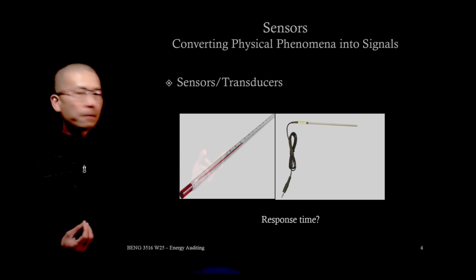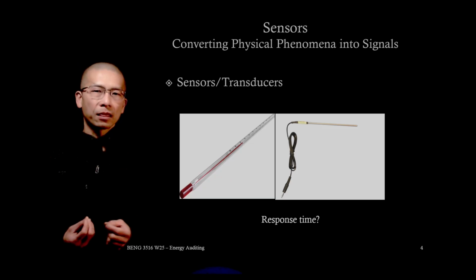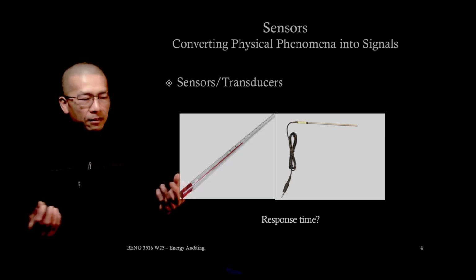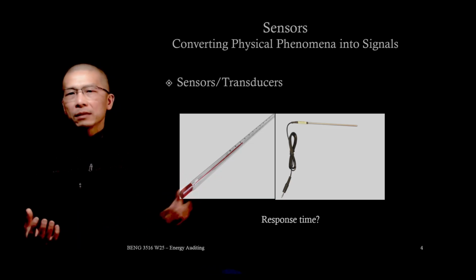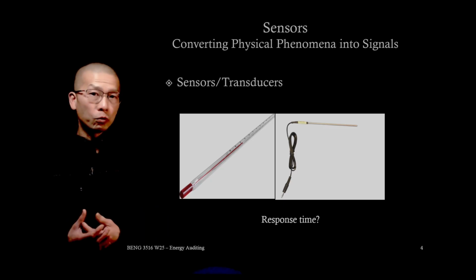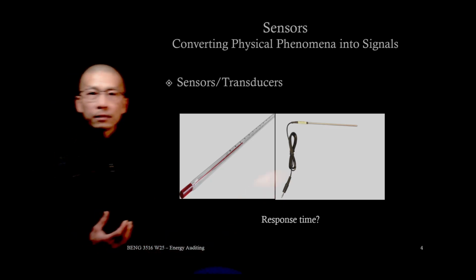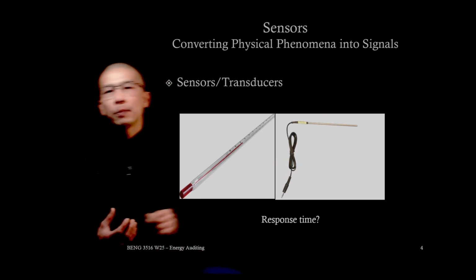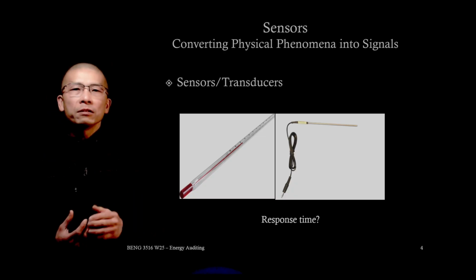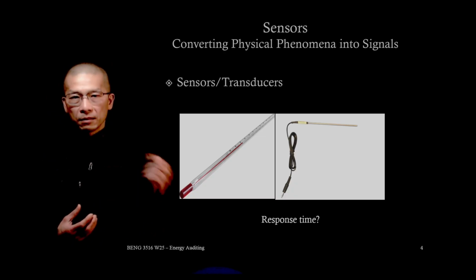Here you see a liquid in glass thermometer, an old but reliable analog tool. And a thermocouple or RTD, the resistance temperature detector probe.